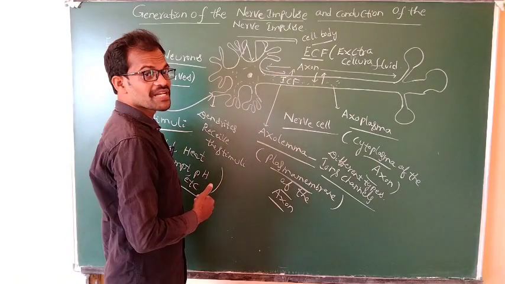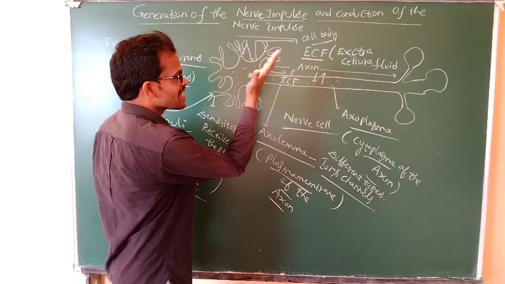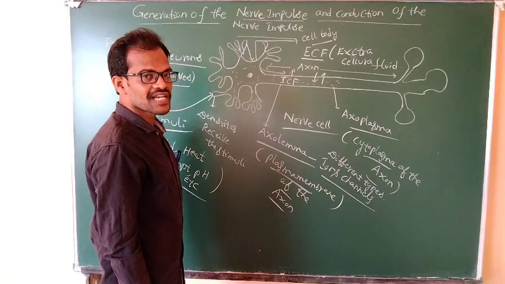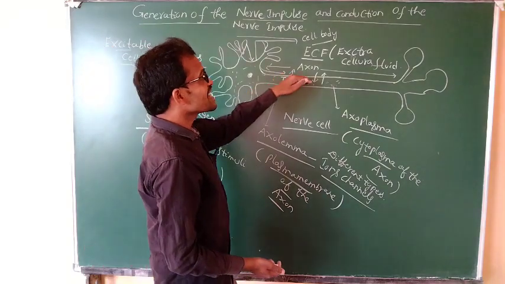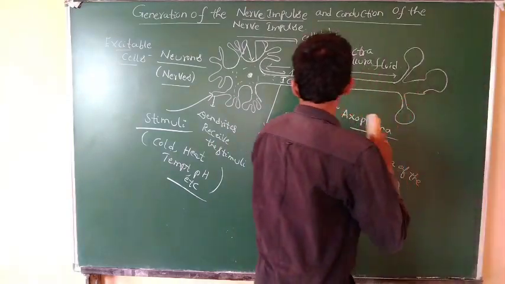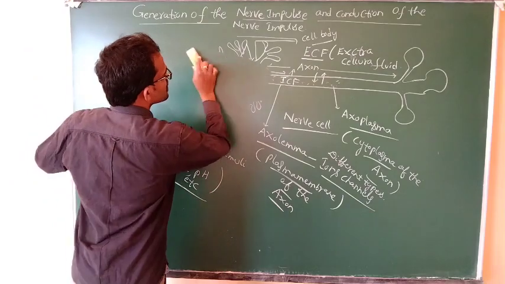Whenever they receive information, the ions move from outside to inside and inside to outside. They generate the impulse.